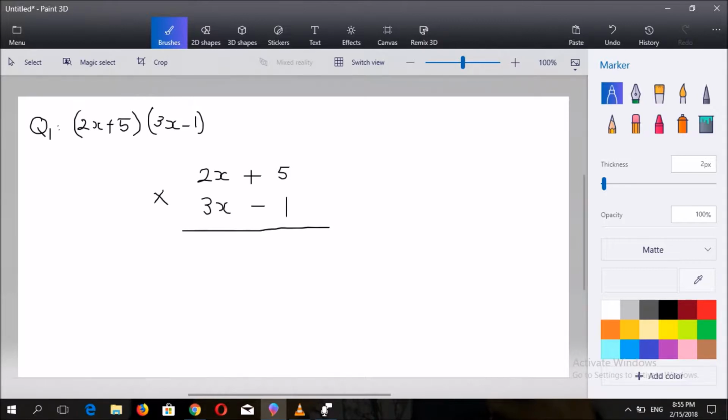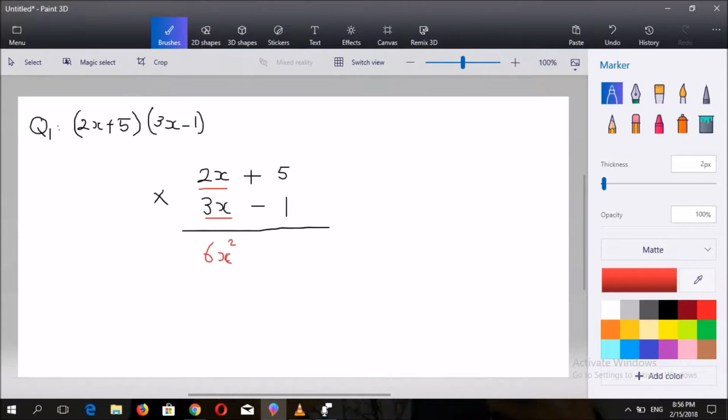Now the strategy that you can use in order to carry out this multiplication is the following. You need to write down each mathematical expression like this. The first one is 2x plus 5, and the second one is 3x minus 1. We need to multiply these two expressions with each other.